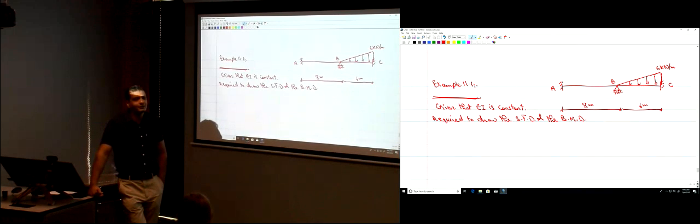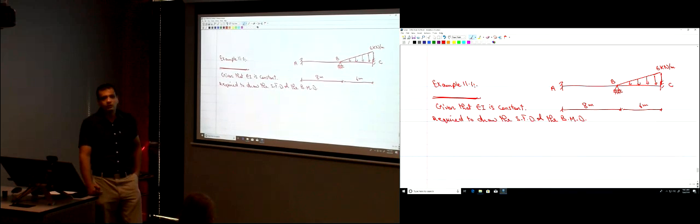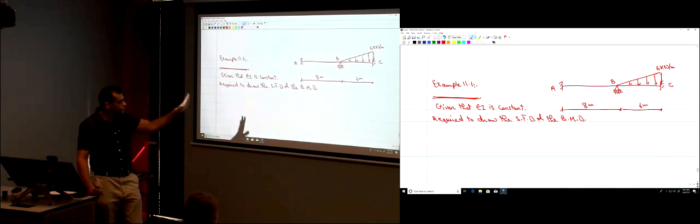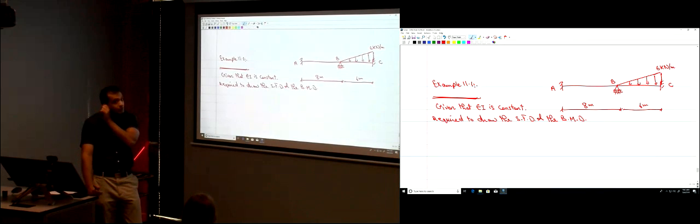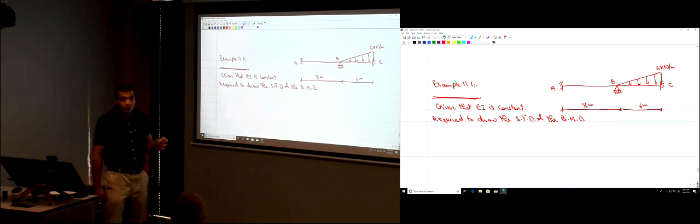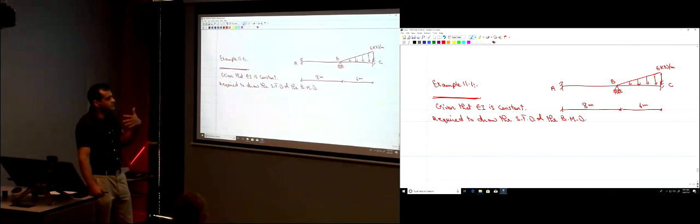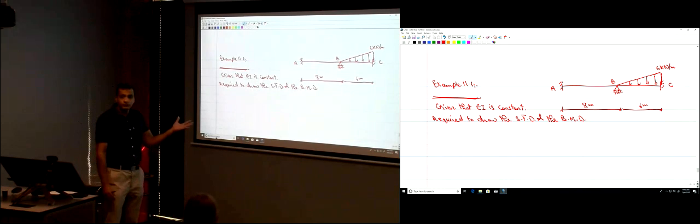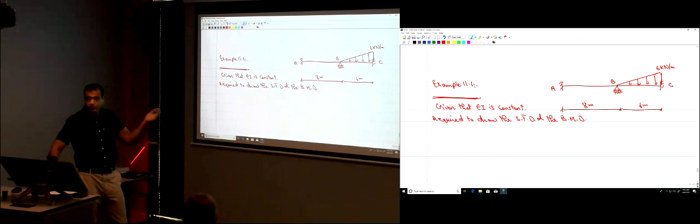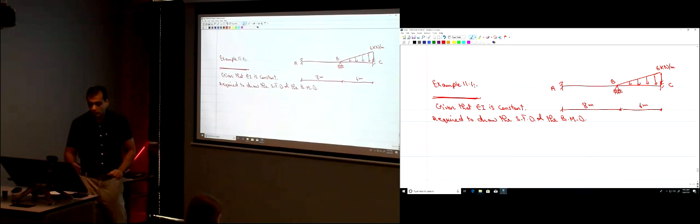It's impossible for a student with only structure analysis 1 knowledge to solve this problem. The only way you can solve this is by what you're learning in structure analysis 2, using the slope deflection method. So that's what we're going to do now.